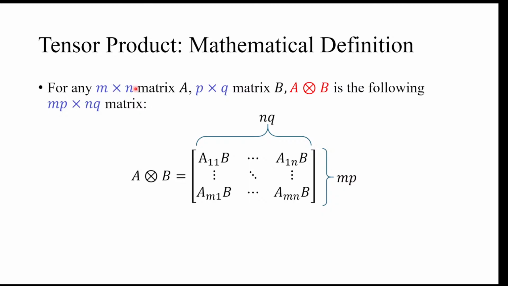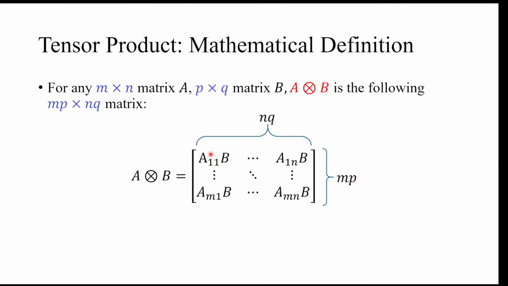So you have an m by n matrix A and a p by q matrix B. A tensor B is an m times p by n times q dimensional matrix. So it's a really huge matrix. And we define it with this entry-wise definition.